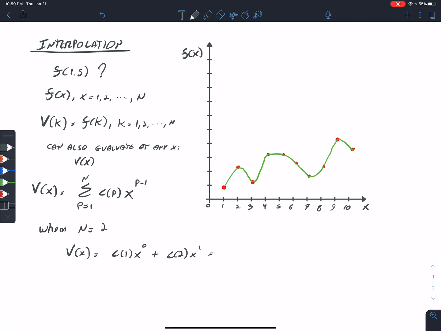So x to the 0 is 1, so we're just going to have c1 plus c2 times x, right? So this is the equation of our line.